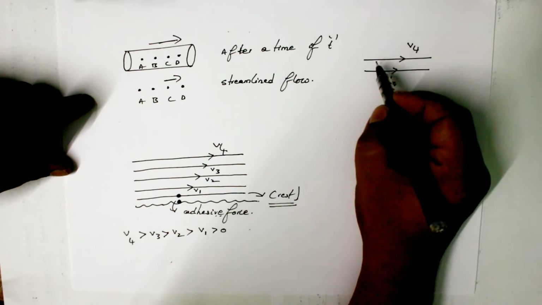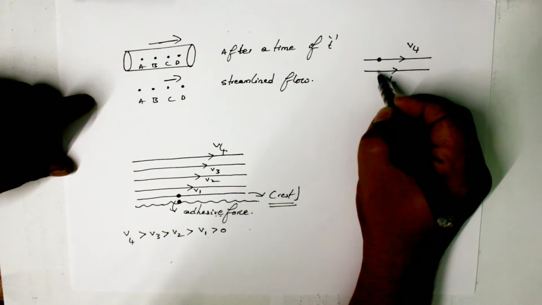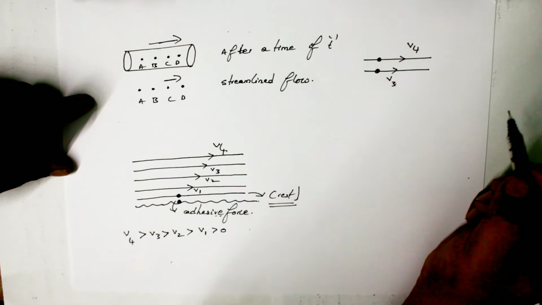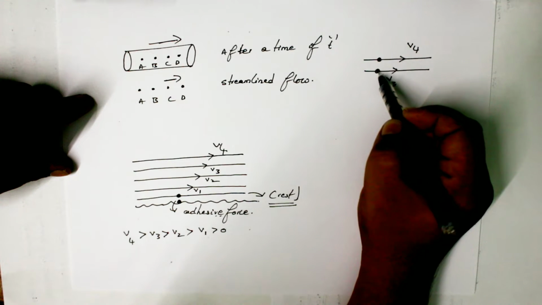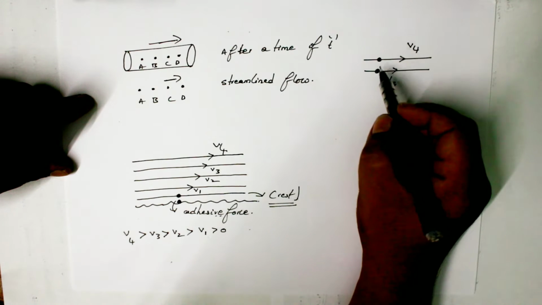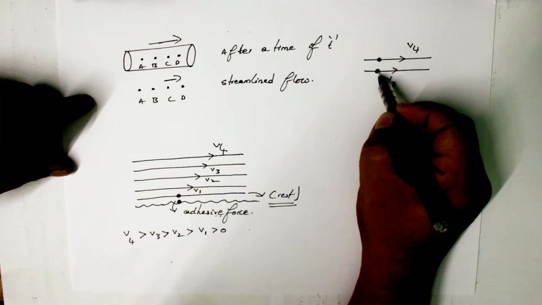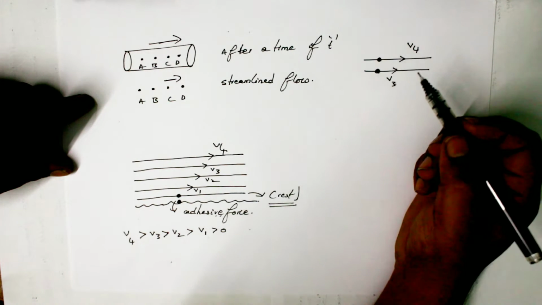Now if I take two molecules, one molecule in the topmost layer and one molecule in the bottommost layer, this molecule relatively has a greater velocity when compared to this molecule, and this molecule has a relatively lesser velocity when compared to the top molecule.